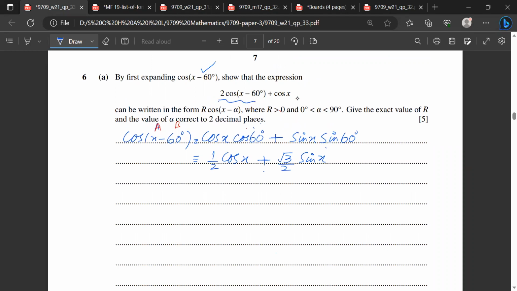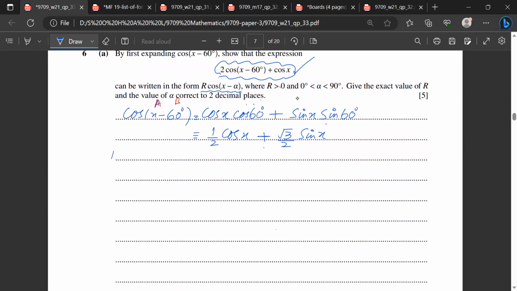Now show that this expression can be written in the form r cos(x minus alpha). Let us start with 2 cos(x minus 60 degrees) plus cos x, which is identical to 2 times (1 over 2 cos x plus root 3 over 2 sine x) plus cos x.